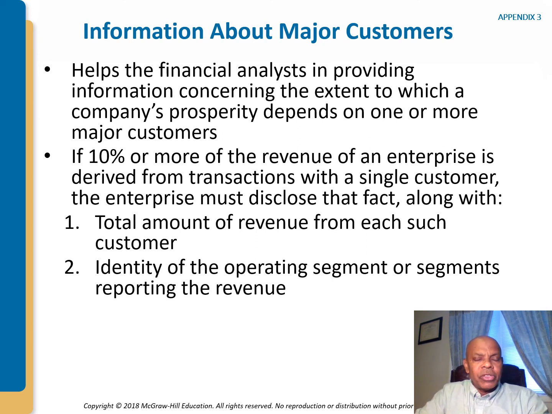If 10% or more of revenue of an enterprise is derived from transactions with a single customer, the enterprise must disclose that fact, along with the total amount of revenue from each such customer, and identify the operating segment or segments reporting the revenue.